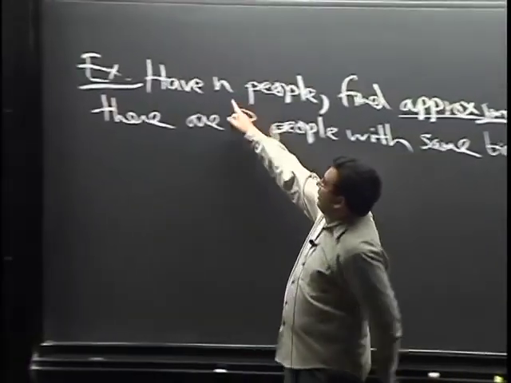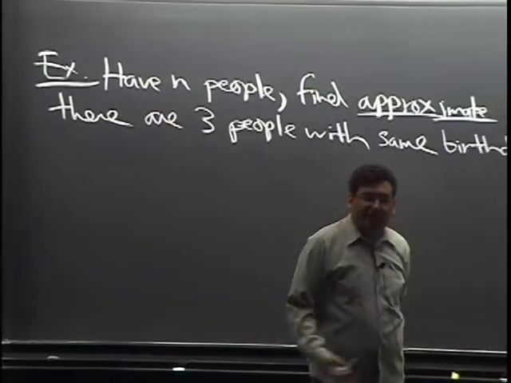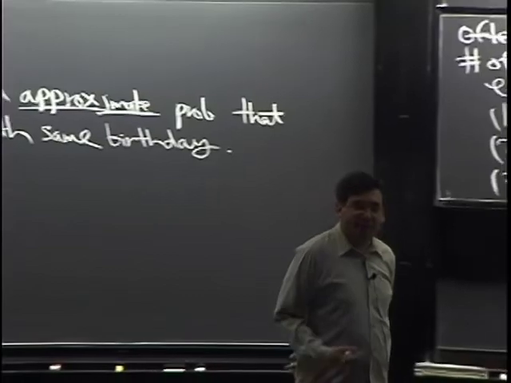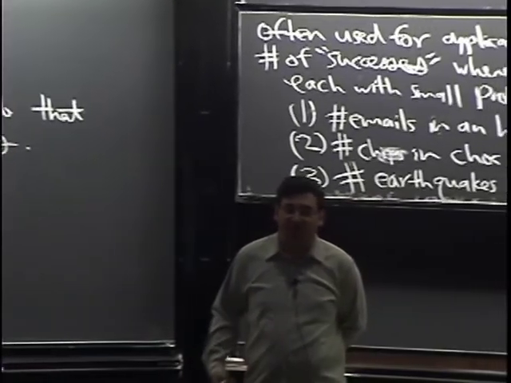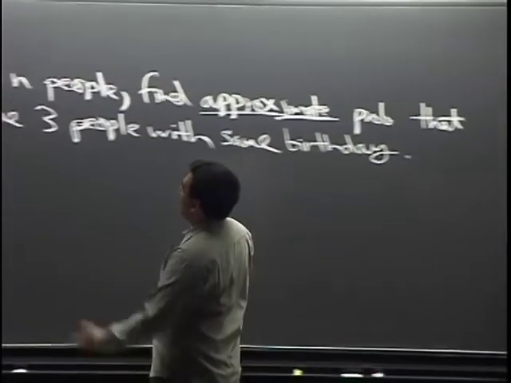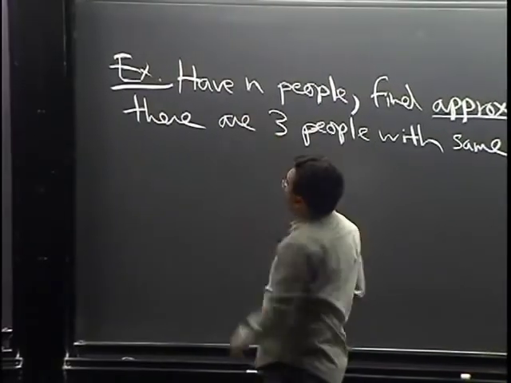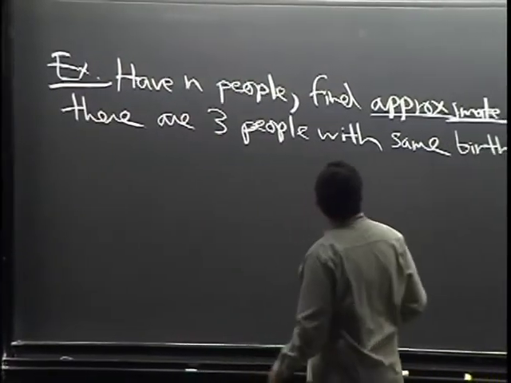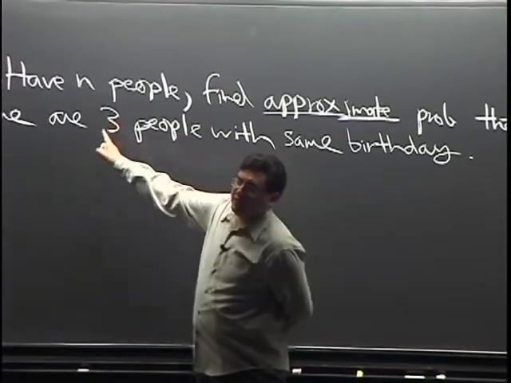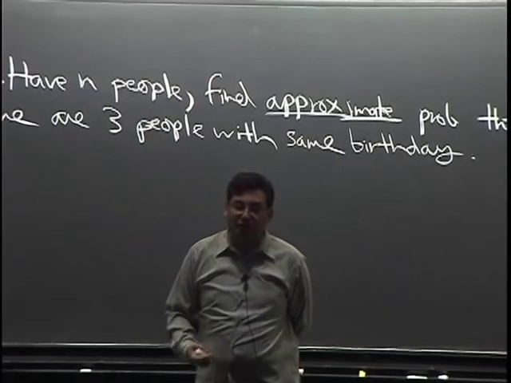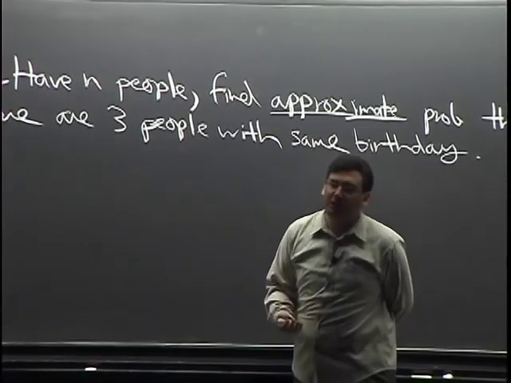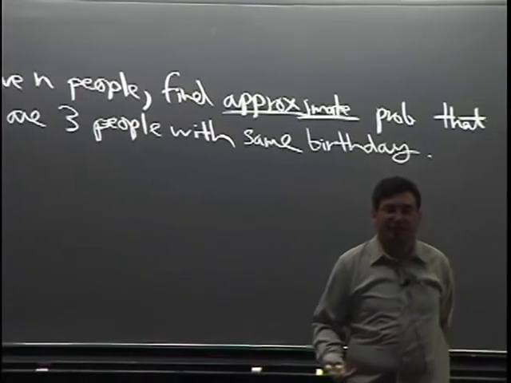Well, first of all, I didn't say what n is. So, if n is 2, then it's 0. And if n is 3, that's a very small number. This is not going to work so well. So assume n is reasonably large, but a key point here is that n does not have to be very, very large. The more relevant, just like in the birthday problem, part of the intuition, why do you only need 23 people when there's 365 days in a year?